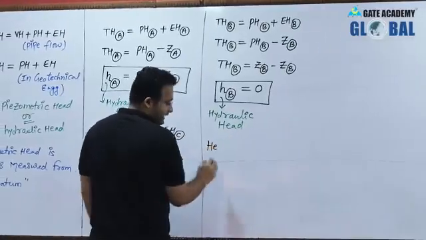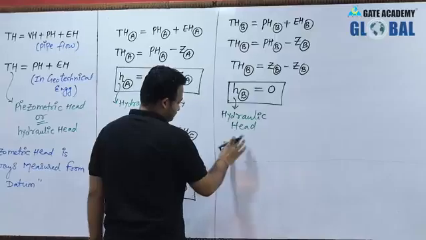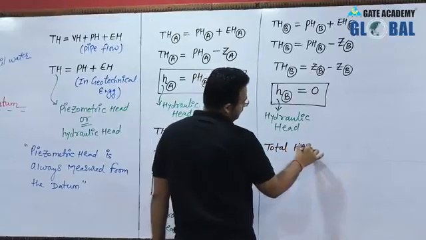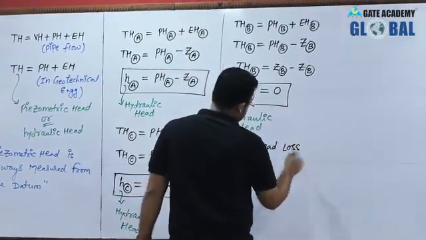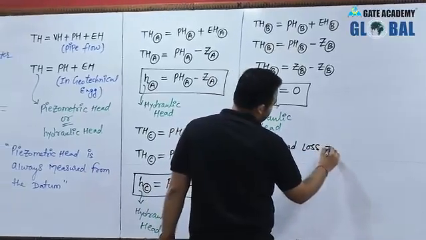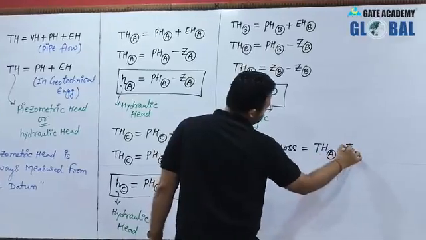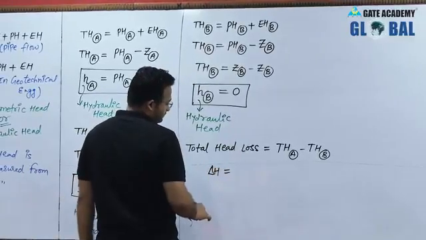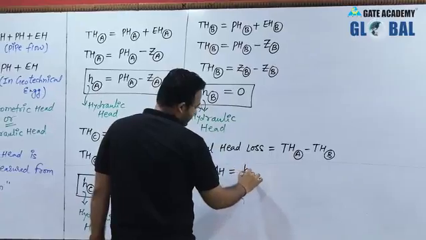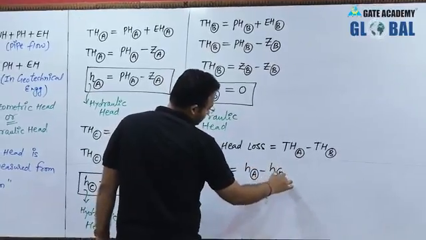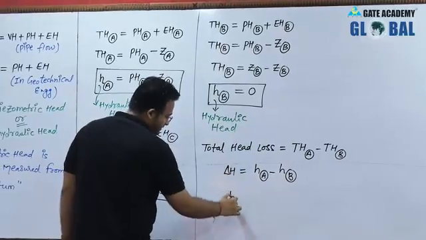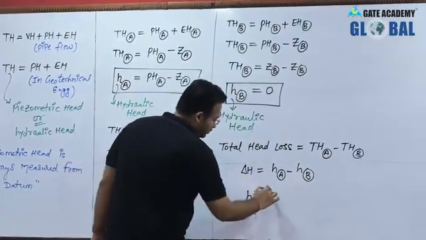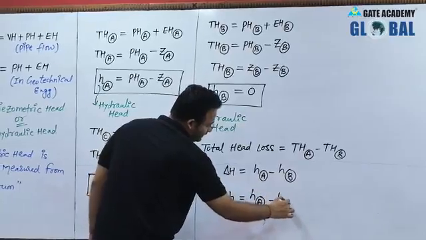So here I can write total head loss will be equal to total head at A minus total head at B. So delta H, the total head loss, can be written as hydraulic head at A minus hydraulic head at B. Let me write small h as the head loss, equal to hydraulic head at A minus hydraulic head at B.